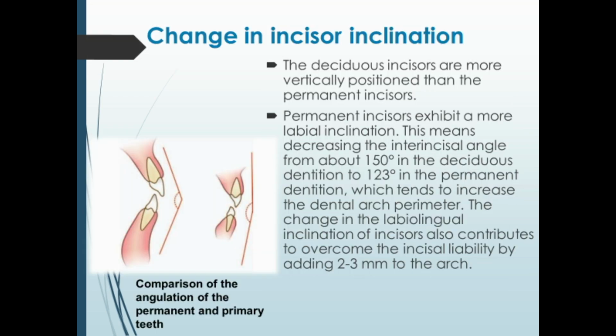Change in incisor inclination. The deciduous incisors are more vertically positioned than the permanent incisors. Permanent incisors exhibit a more labial inclination. This means increasing the interincisal angle from about 150 degrees in the deciduous dentition to 123 degrees in the permanent dentition, which tends to increase the dental arch perimeter.